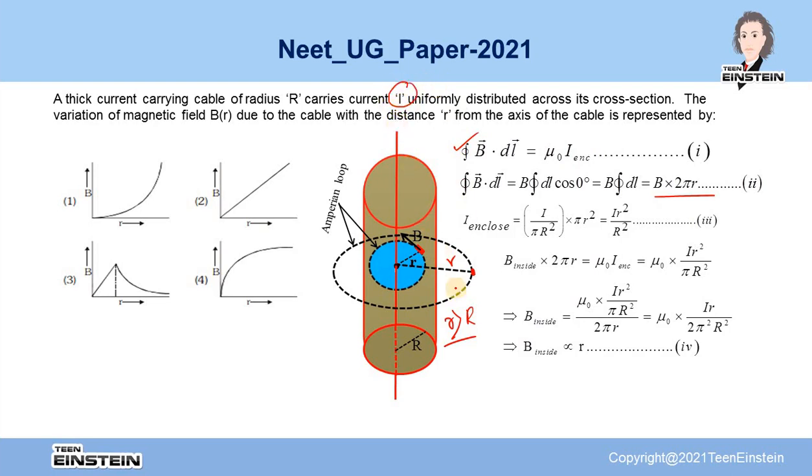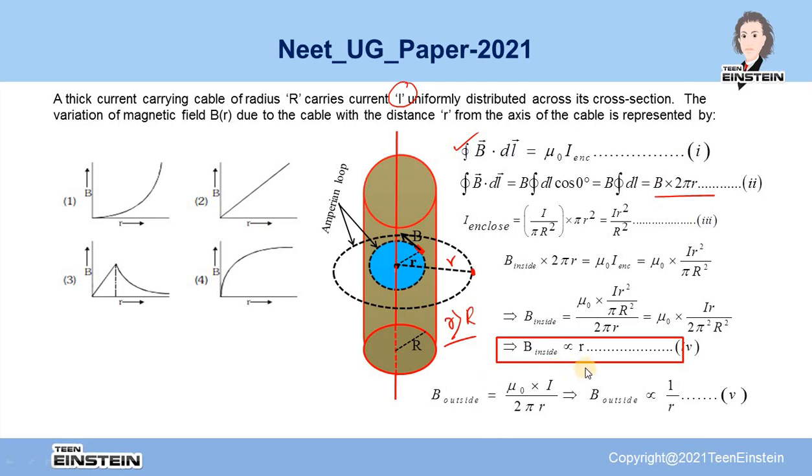So we can directly write the magnetic field outside the cable as mu naught into I divided by 2 pi r, which means the magnetic field outside the cable varies inversely proportional to r.